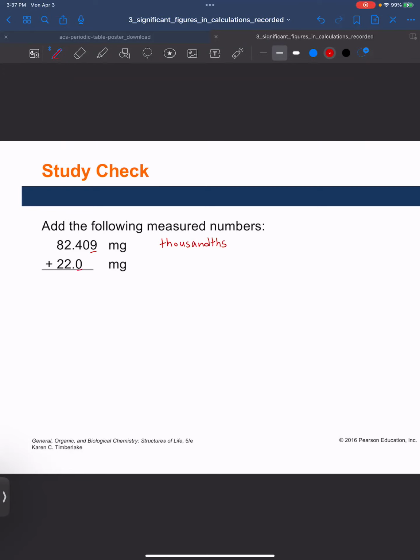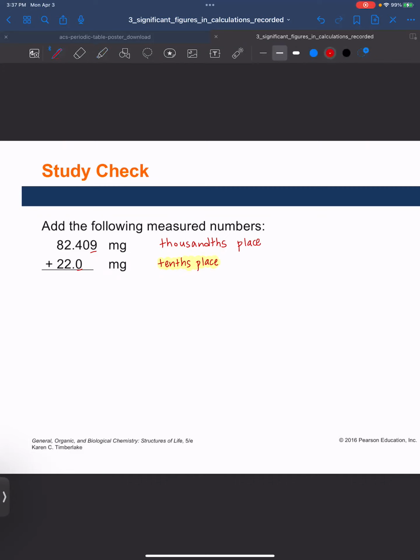And that this measurement is to the tenths place. And so we will report our final answer to the tenths place.